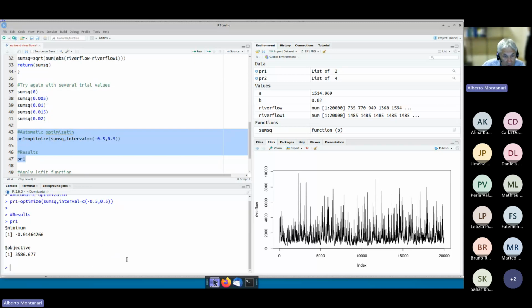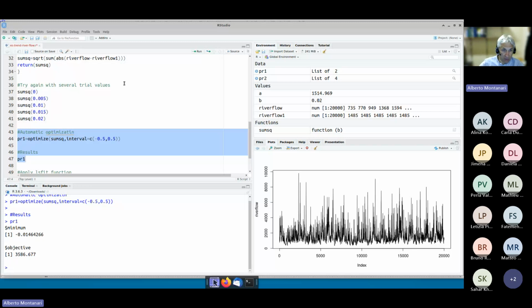Let's run it. So you see that now the result changed quite significantly. Before that, we had a positive slope of 0.056. Now we have a negative slope of minus 0.01. It's a different story, a different result.